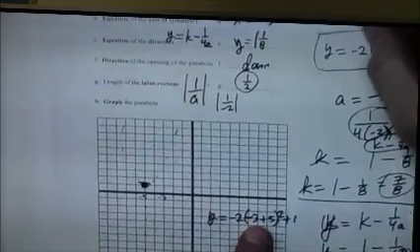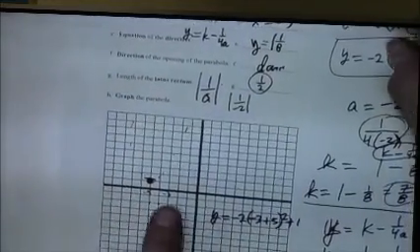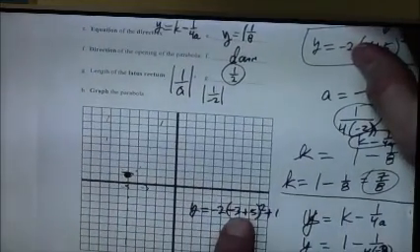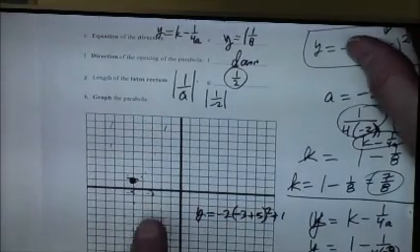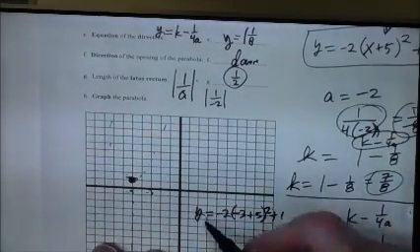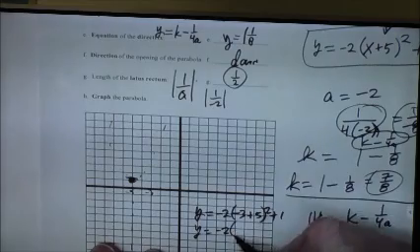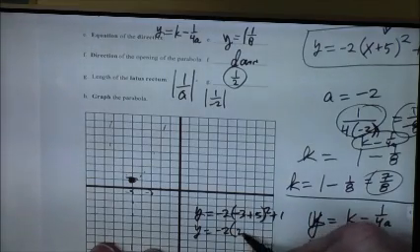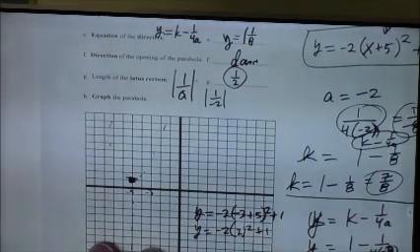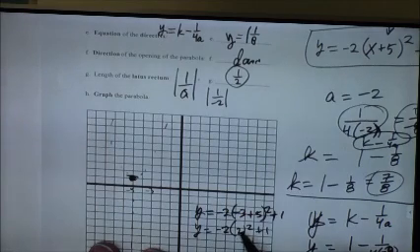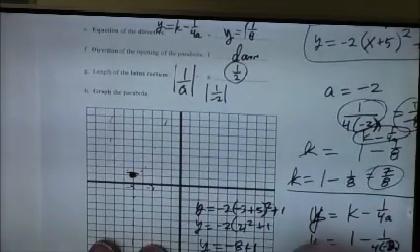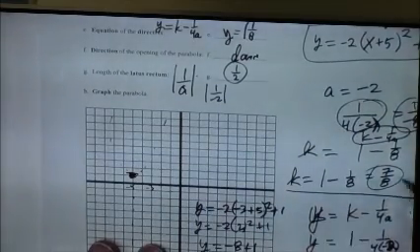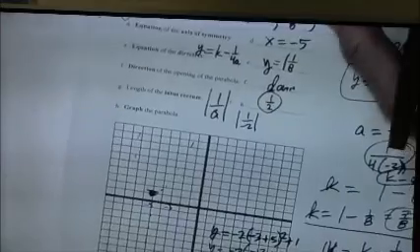Because I want the x to be -3, I'm going to put that into x. I want to find out what y you get if we go down to -3. So y equals -2, 5 minus 3 is 2, so it's 2 squared plus 1. That's 4. 4 times 2 is 8, but it's -8. y equals -8 plus 1. y equals -7.